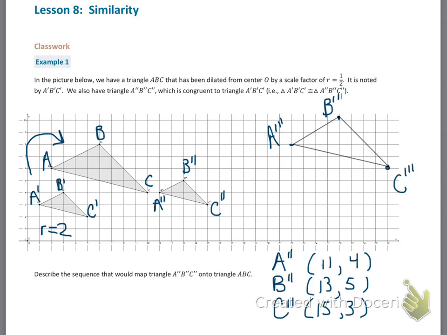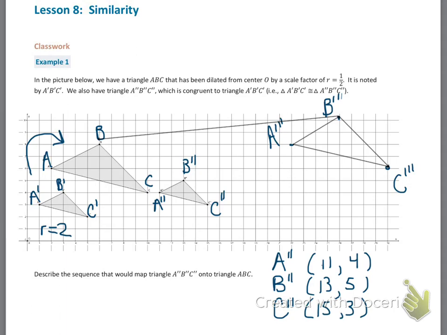So say we wanted to map B triple prime onto B, we would have used a vector B triple prime B. We would have used that vector there, B triple prime to B, to describe that congruence.